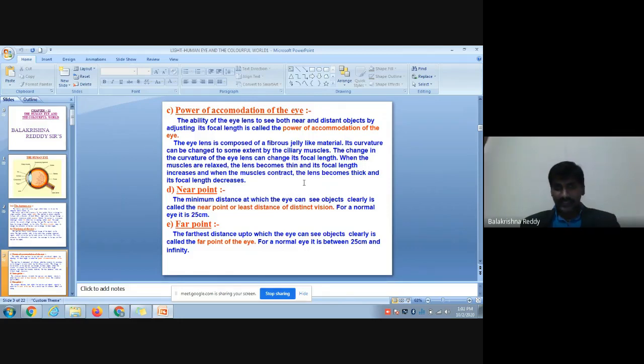When you want to see a longer distance, you have to expand, so in that case it is not relaxing, and therefore the focal length decreases. Now, when the muscles contract, the lens becomes thick and the focal length decreases. When the muscles are relaxed, the focal length increases.